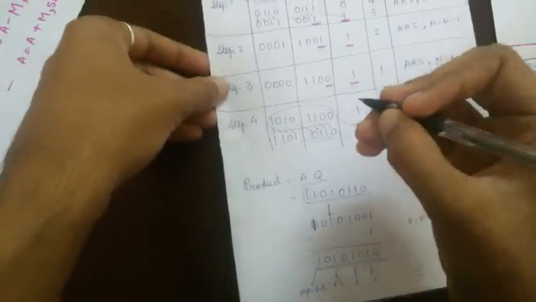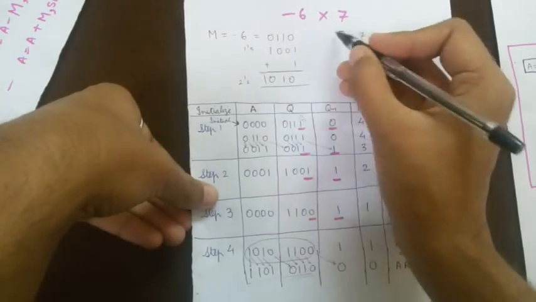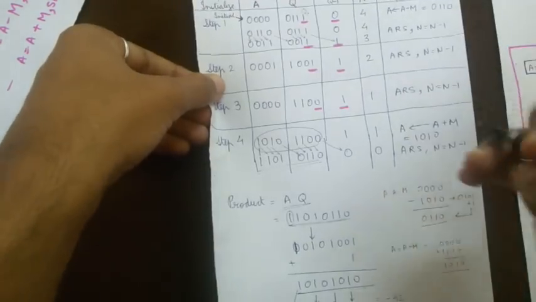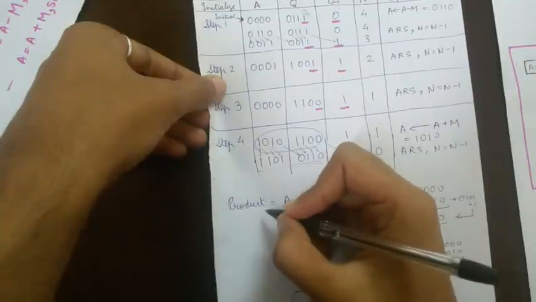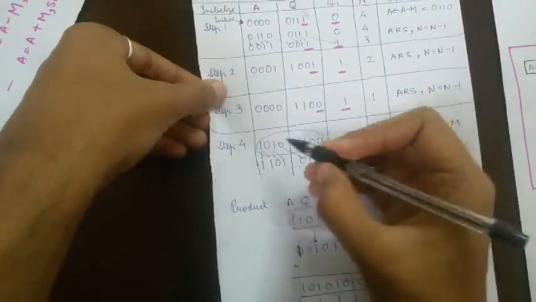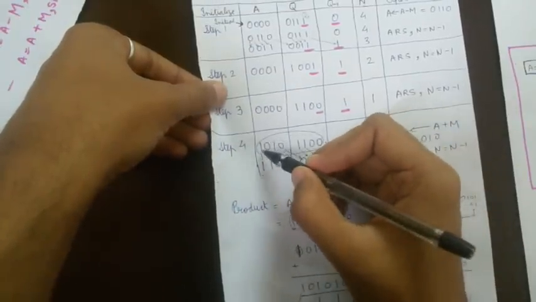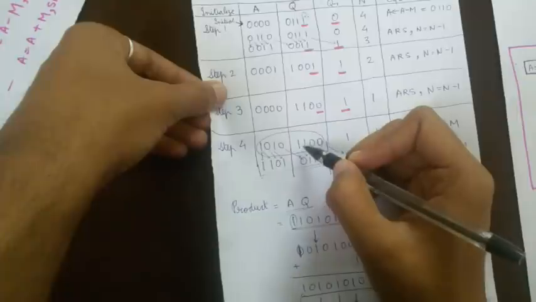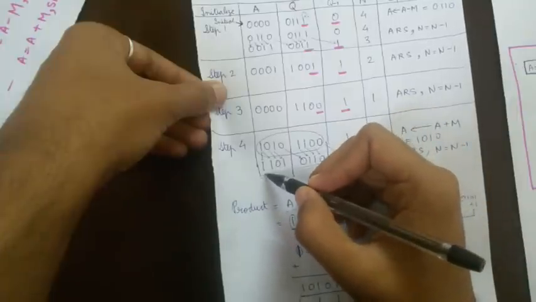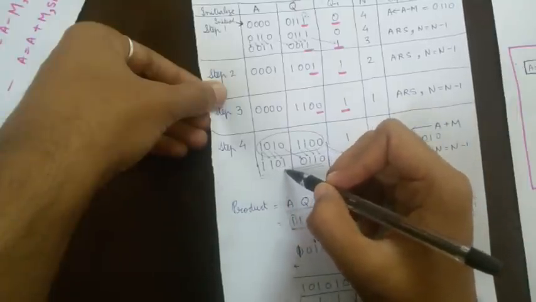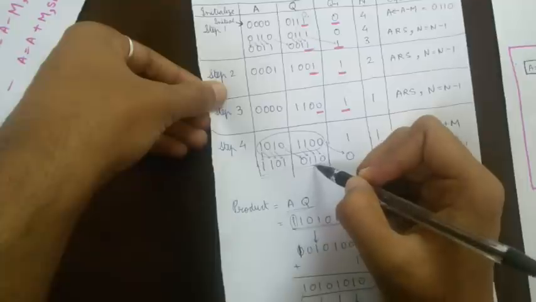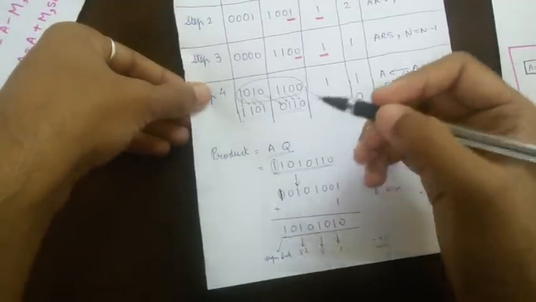So the answer of minus 6 into 7 is the product AQ. Now the value in A is 1101 and the value in Q is 0110. So for getting the exact answer, we have to take the 2's complement of the number.